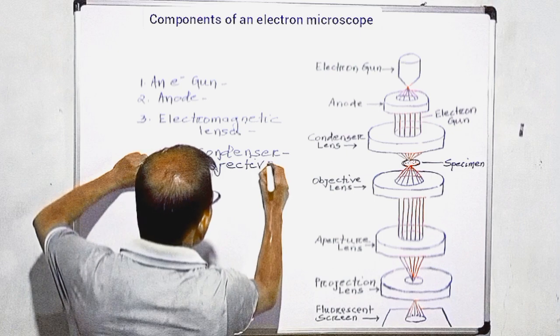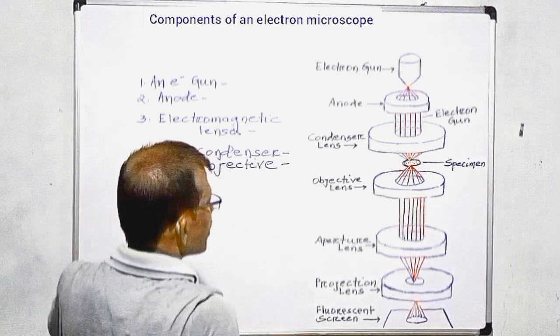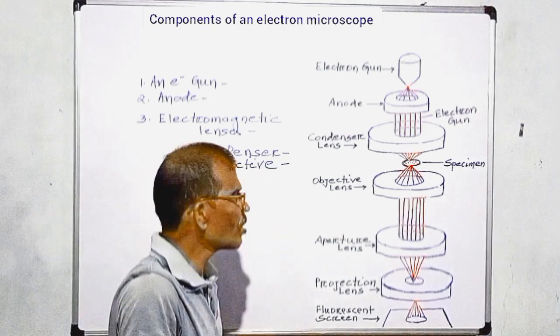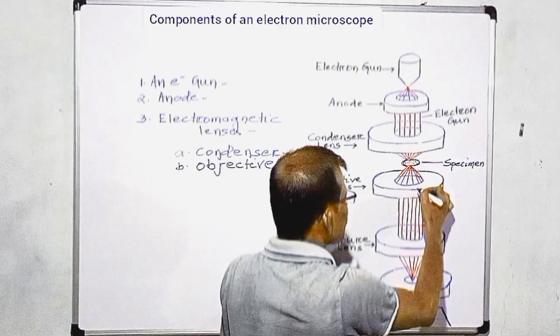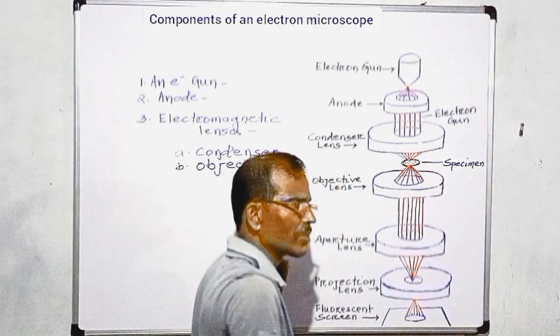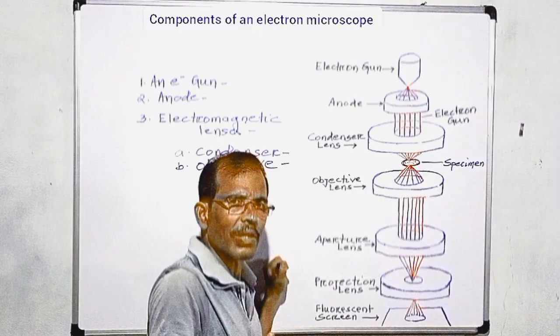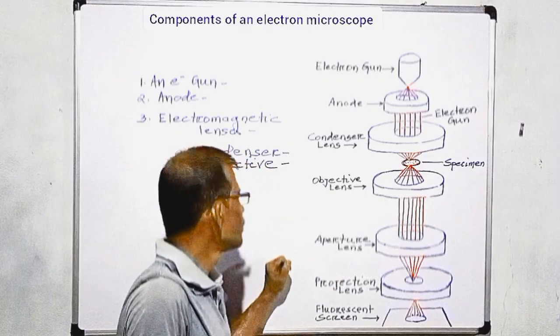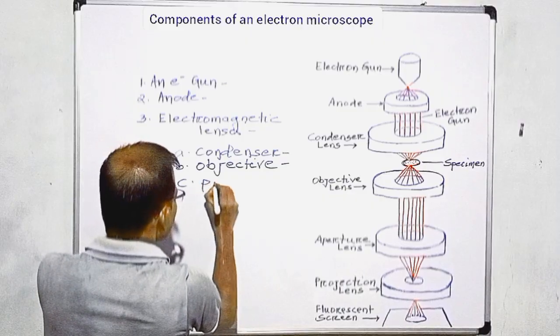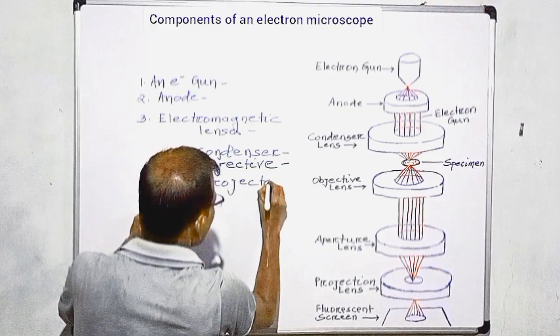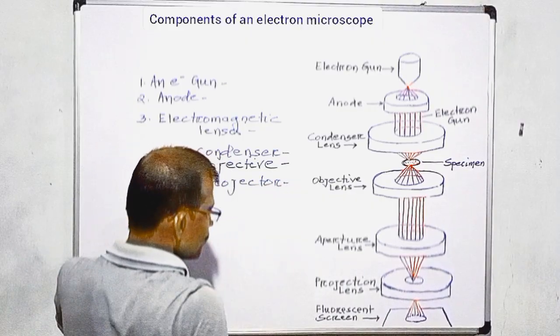Next one is the objective lens. The function of the objective is to collect the electrons coming out of the specimen and form the intermediate magnified image. Third one is the projection lens, which is similar to an eyepiece.